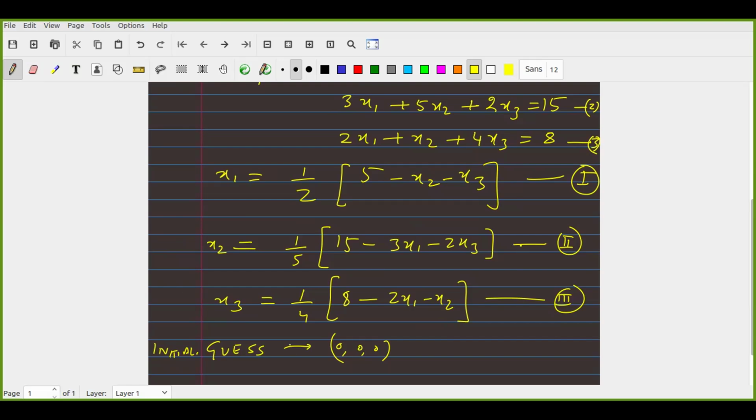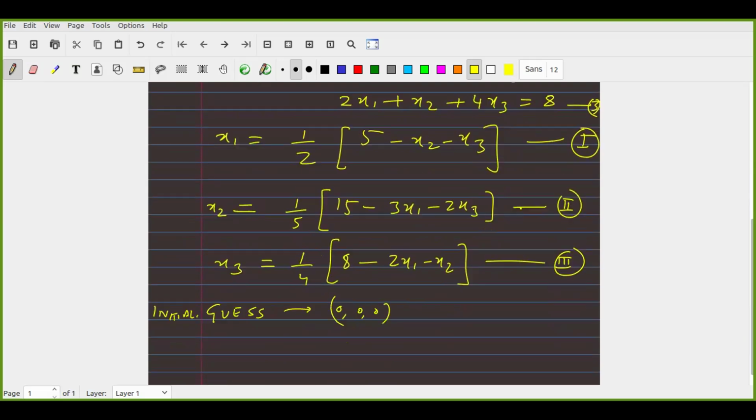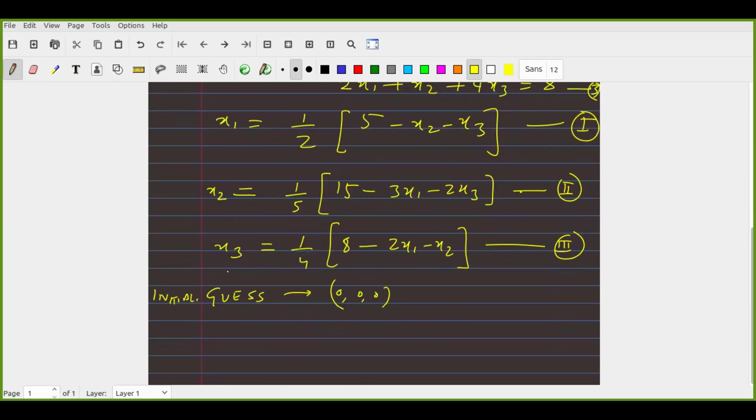Notice that you could, by trial and error, look at some solutions. What might be the values for x1, x2, x3 which will satisfy all three? Just try to make a trial and error, but that is just to have fun in this example. But let's see how it goes.